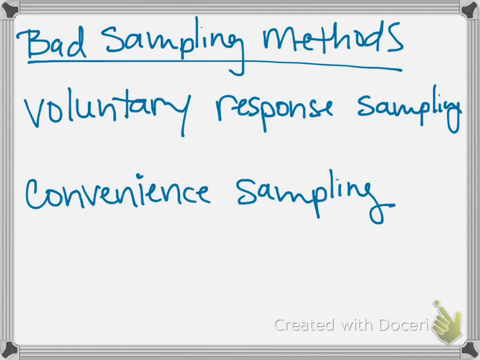It would be very convenient to just walk over to a basketball practice and ask for all the players' heights, but just because it's convenient doesn't necessarily make it a valid sampling method, because of course, as we noted, if we tried to base the average height of all St. Francis students off the average height of just the basketball players, the height that we got would probably be considerably higher than the actual height of our population. So again, voluntary response sampling and convenience sampling are two poor sampling methods that you want to avoid. And we'll talk later on in this section about what type of sampling methods would be preferable to those.